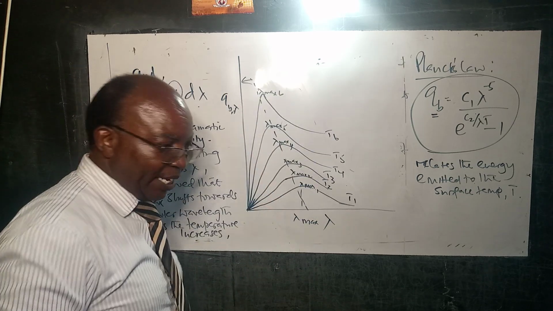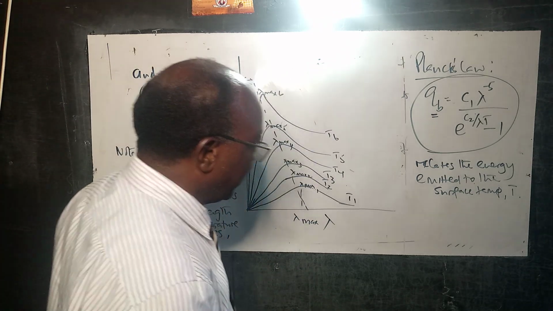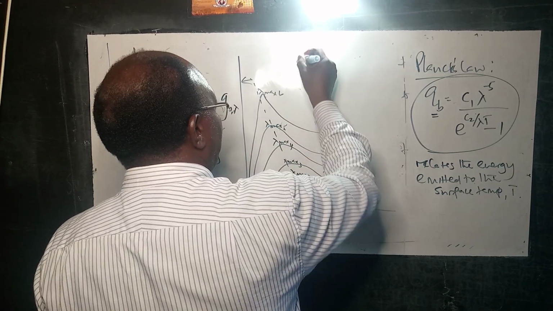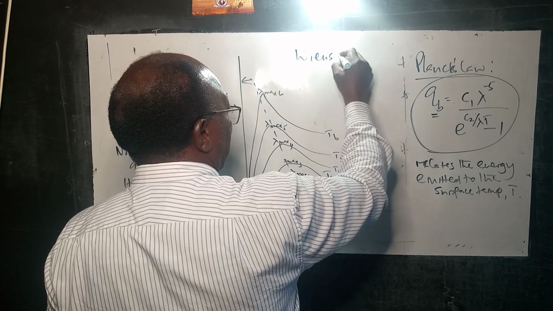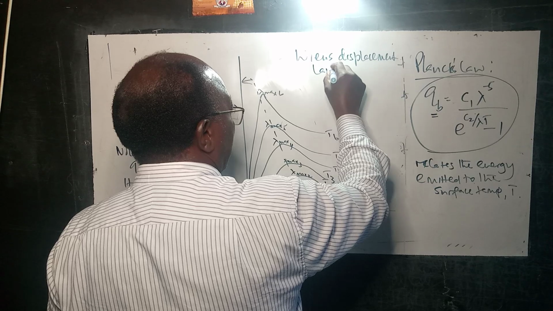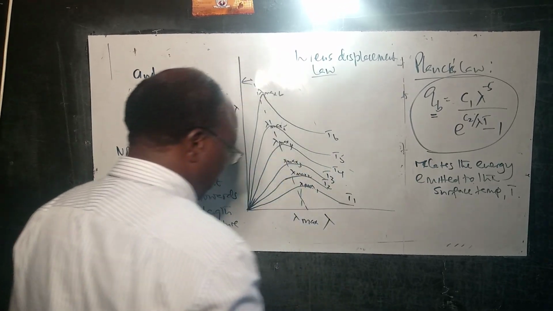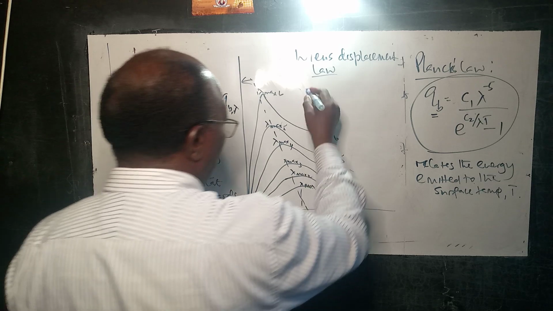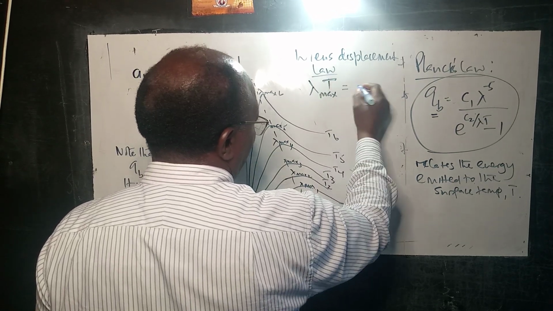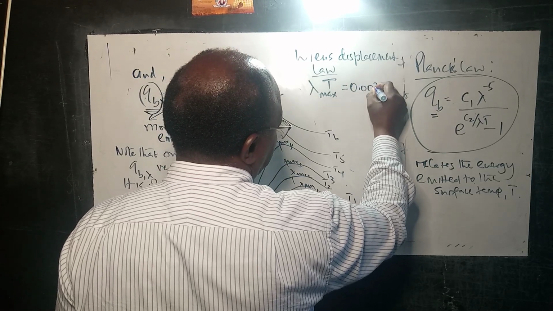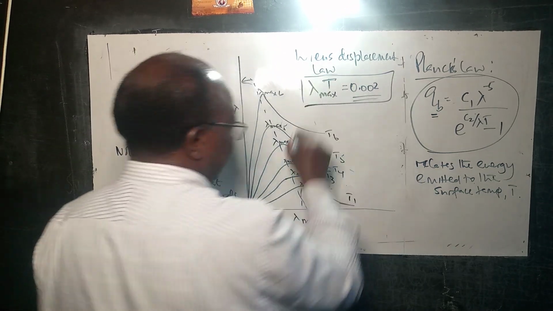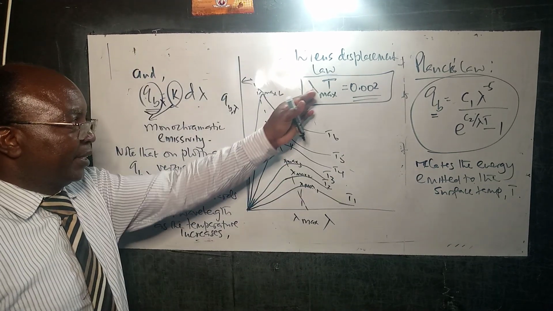And in most cases, it is actually found that this obeys what we call Wien's displacement law, where lambda max times the temperature is a constant, 0.002 in this manner.